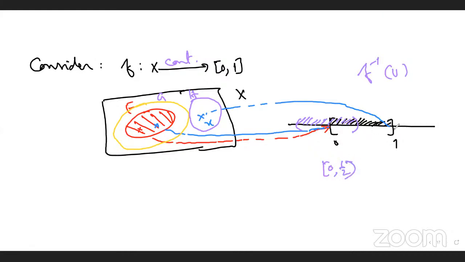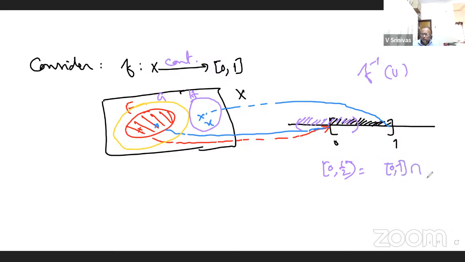You intersect this with the closed interval [0, 1], and you get this left closed, right open interval [0, 1/2).